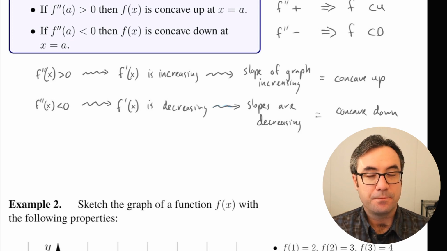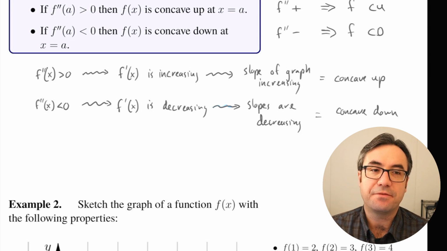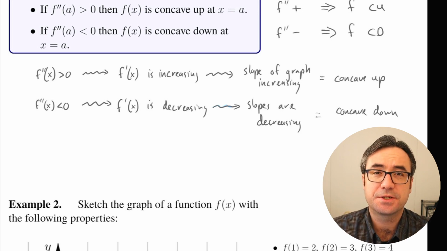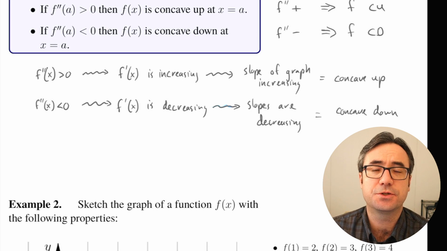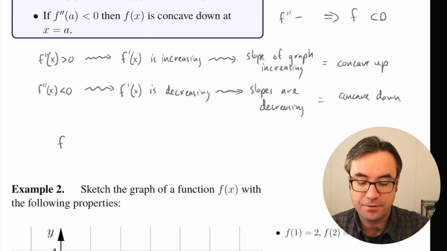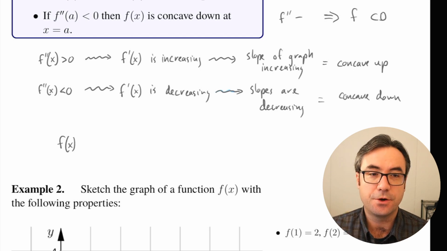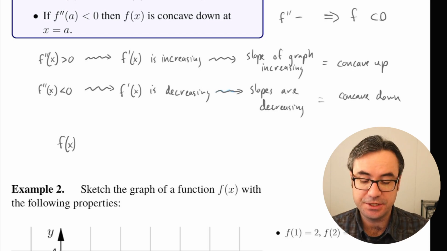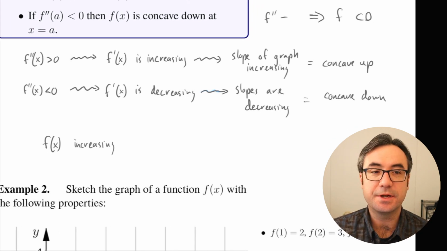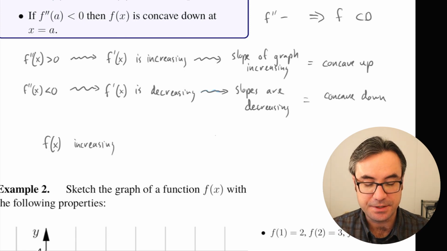And so when we think about a graph, there's really two main choices for what our function is doing at most points. There's the possibility that our function is increasing, and there's a possibility that our function is decreasing.